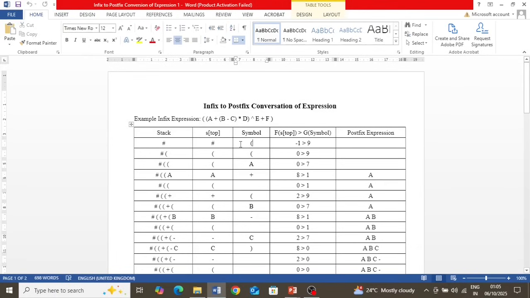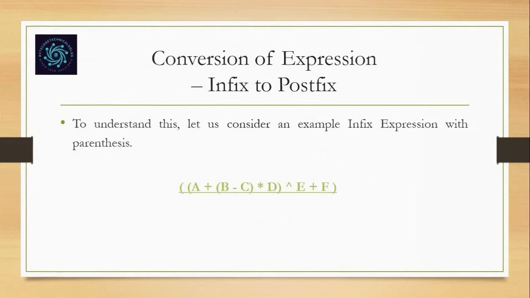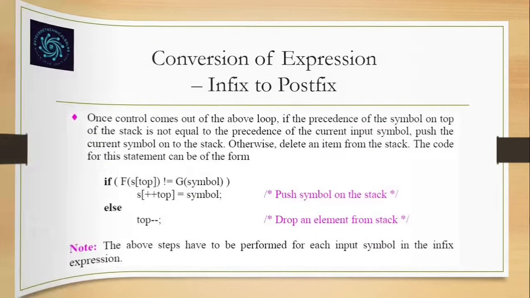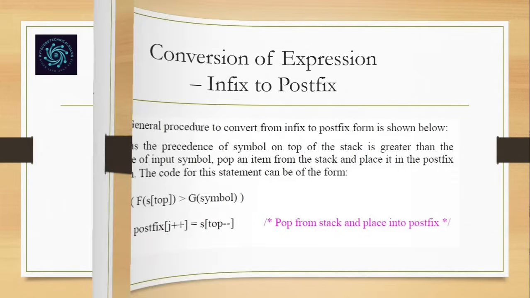Compare the values between hash and opening parenthesis. Hash has the value -1, whereas opening parenthesis has the value 9. You can check it in the table listed here.